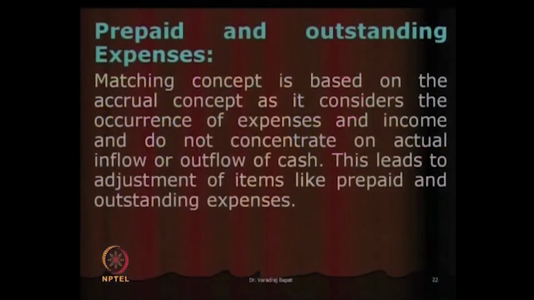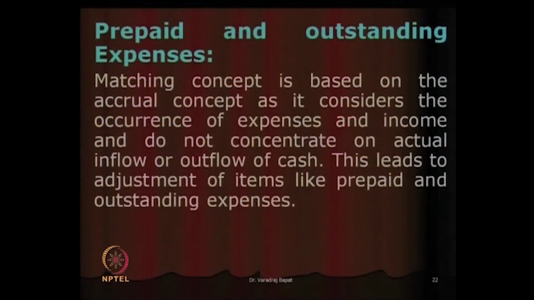Because of the matching concept, there is a concept of prepaid and outstanding expenses. If the expense for the next period or the next month is paid now, I will show it as a prepaid expense. Can you think of any example of a prepaid expense?